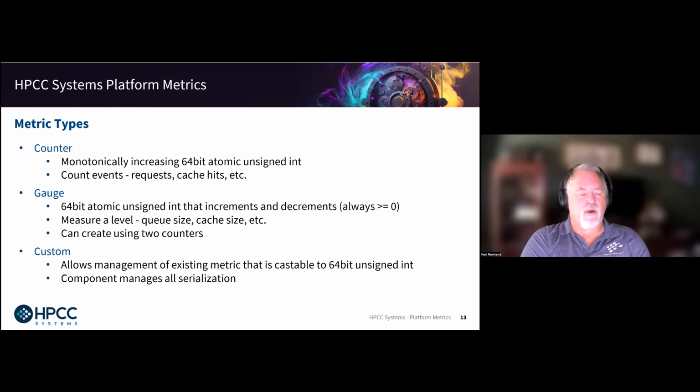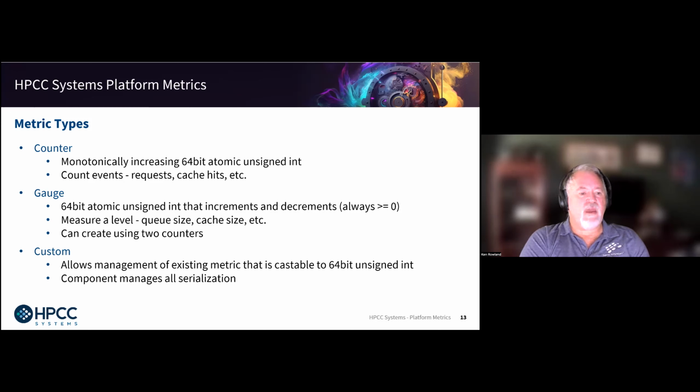Well, atomic implies, or should mean to some people, that any updates, reads, and writes are all atomic operations. That's how those are serialized. These are used to count events, requests, cache hits, failures, other types of things like that. So you would instrument your component with counters for the events or the things that you want to track.